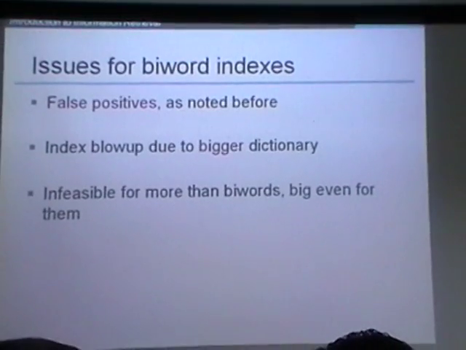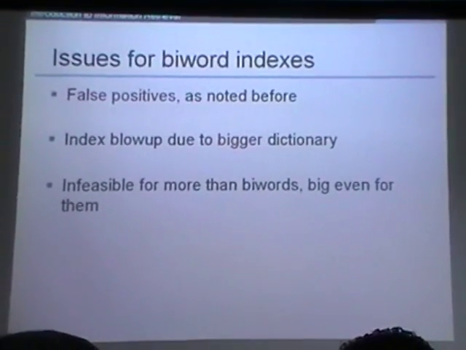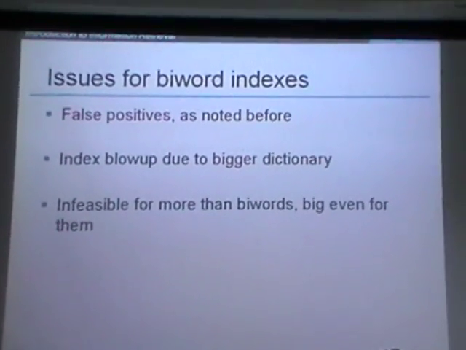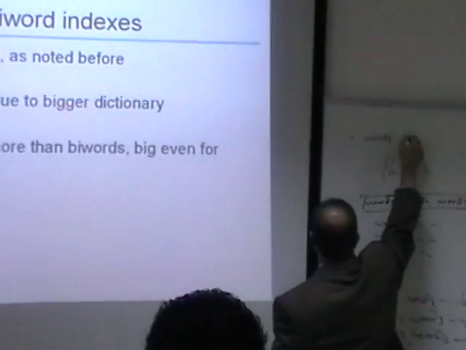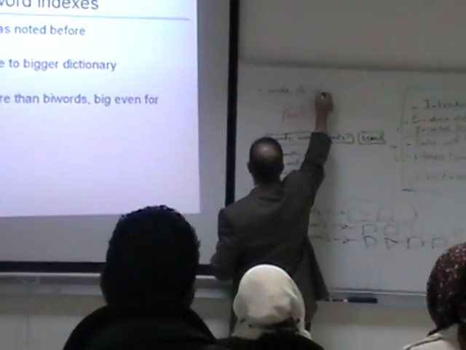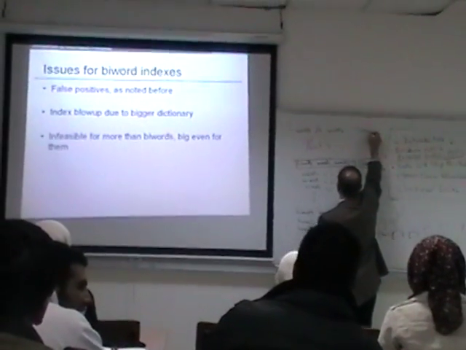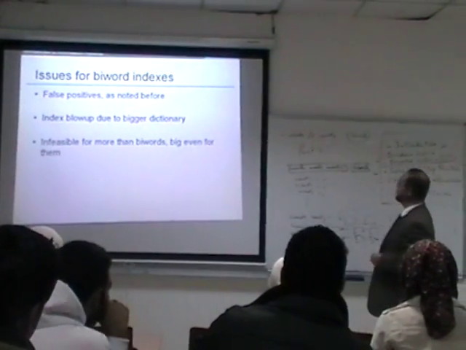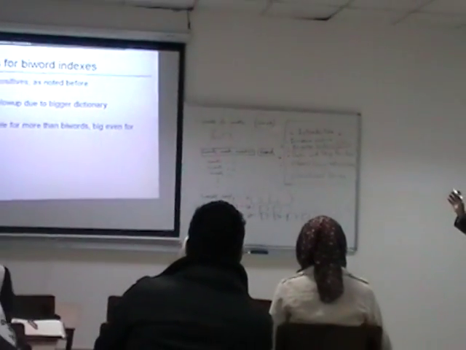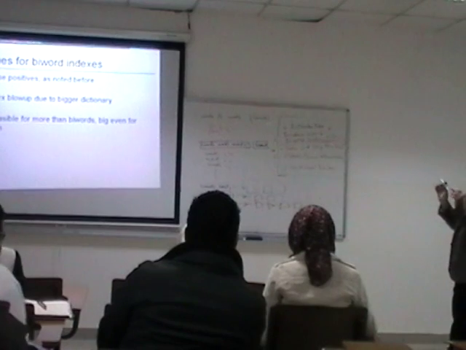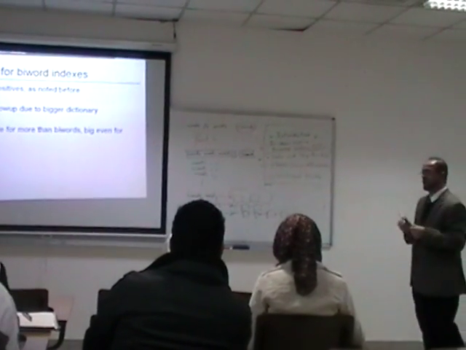The other problem is that it cannot handle proximity queries. The user types like this, word 1, 3, word 2, search. This means that the user is interested in any document that has word 1 and word 2, provided that the distance between word 1 and word 2 is no more than 3 words in the middle.